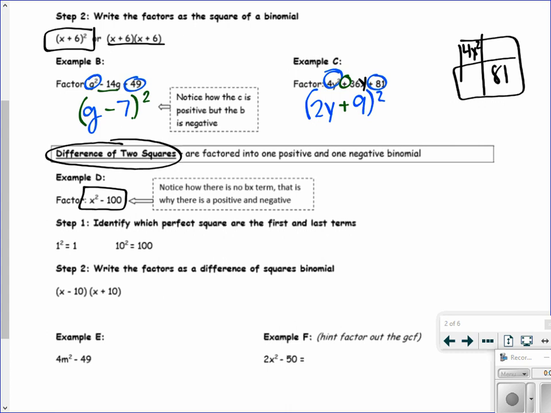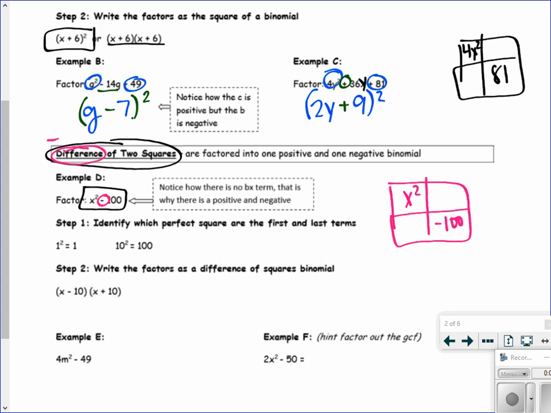How to check to see if it works. First thing, always, always, always check: what does the word difference mean? This means subtraction. There has to be a subtraction sign in the middle, no matter what. Reason being, if we go to factor this, x squared negative 100, the way we were factoring before today, and there's no x term, what does that mean about the two other boxes?